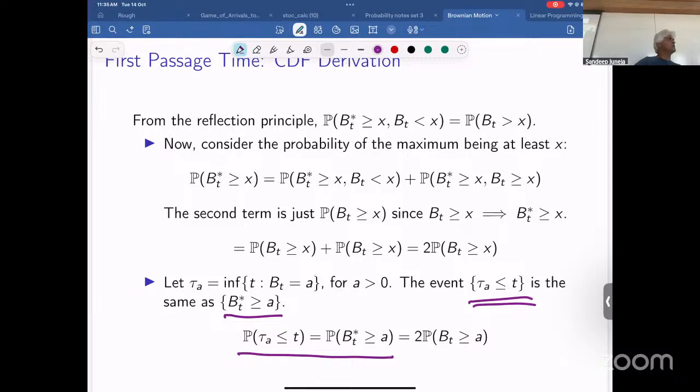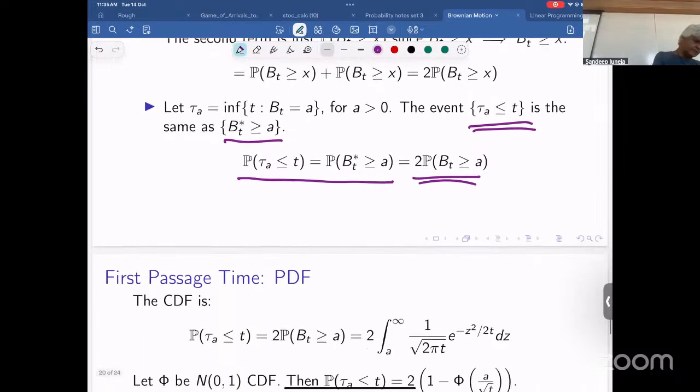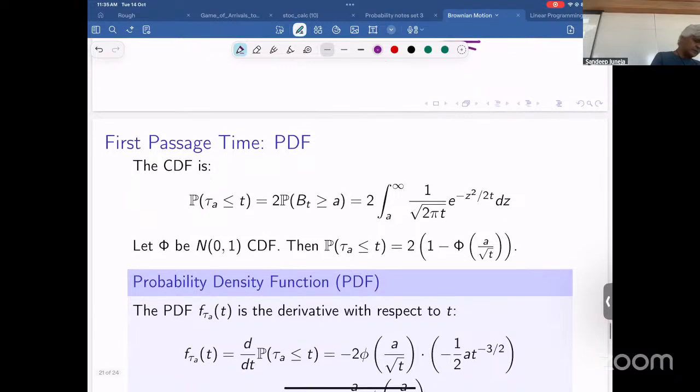They have the same probability. Now we know this probability, so we can evaluate it right here. So far, no mistakes. I have my fingers crossed.